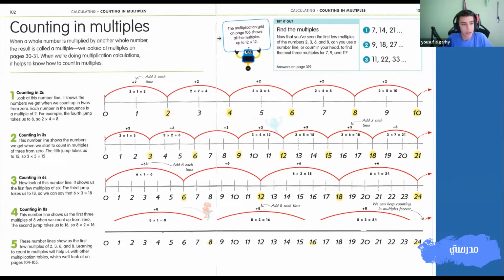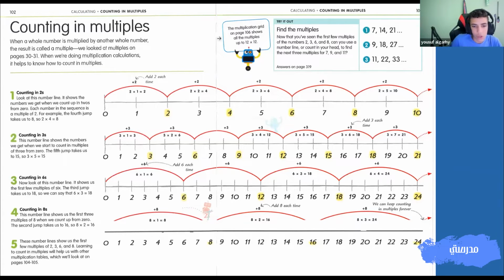Good job. 3 plus 3 equals 6. Now, what does 6 plus 3 equal? Good job. 6 plus 3 equals 9, and so on. 9 plus 3 equals 12. 12 plus 3 equals 15. 15 plus 3 equals 18, and 18 plus 3 equals 21.